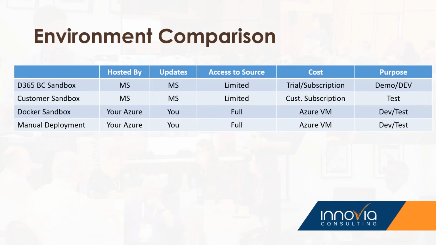The cost of each of those: the first one, it's just a separate trial subscription that you've got. Again, I think it's a 30-day trial and then you're going to have to pay for it. The second option, that's part of your Business Central subscription that you're paying for already. Now, I will note that with the enhancements they made in April, where you can create multiple sandboxes, I see Microsoft wanting to monetize that somehow.